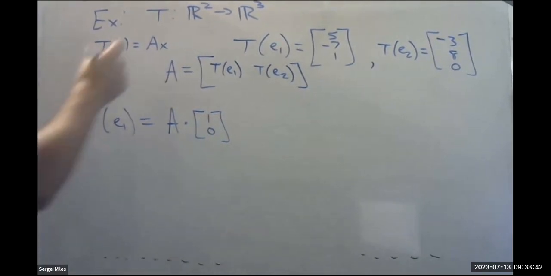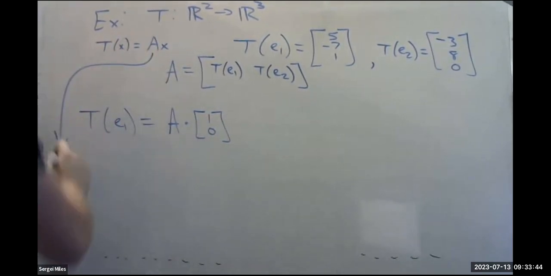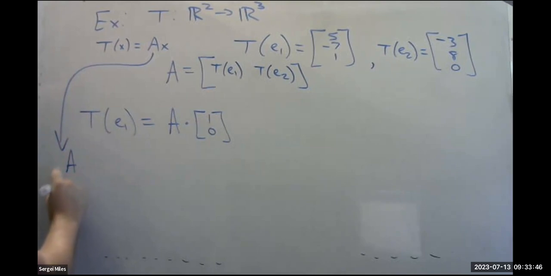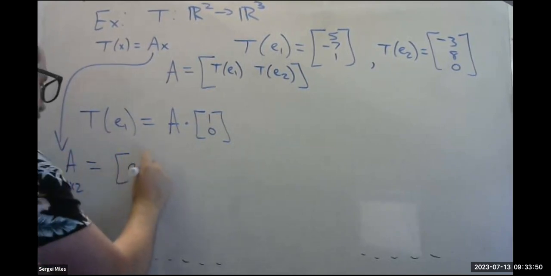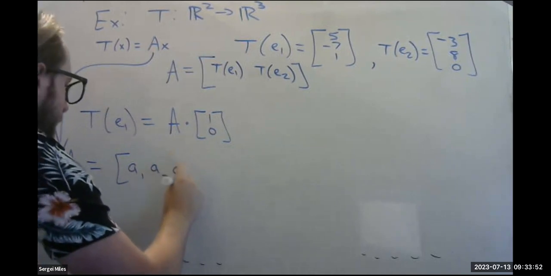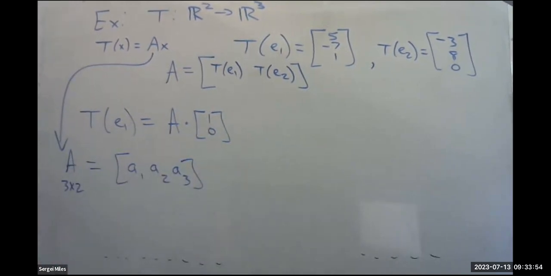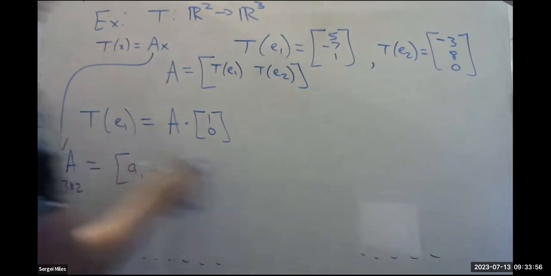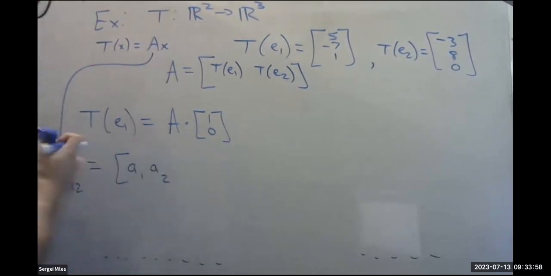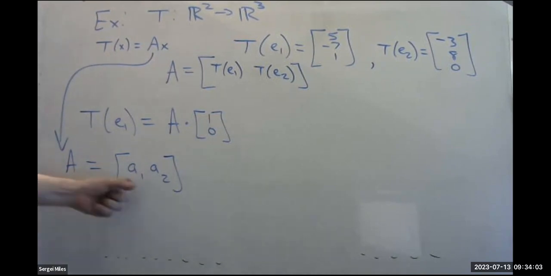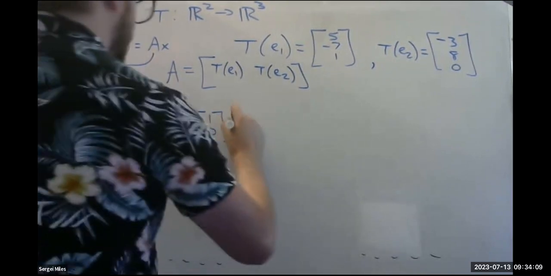Now, the matrix A, whatever it is, we know A is a 3 by 2. There are only 2 columns because it's 3 by 2. It has a first column and a second column, where each column has 3 entries.